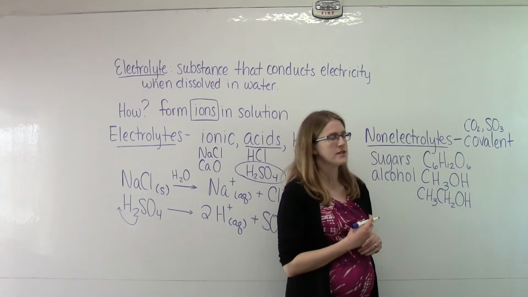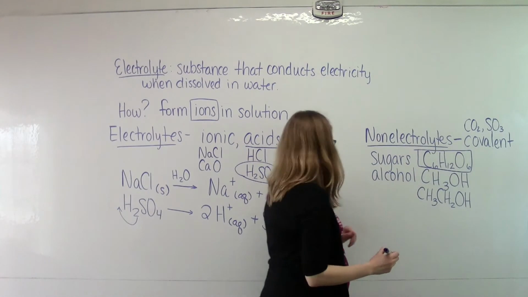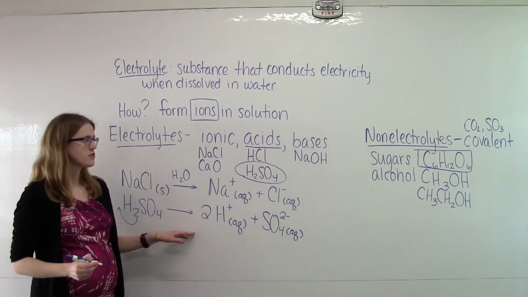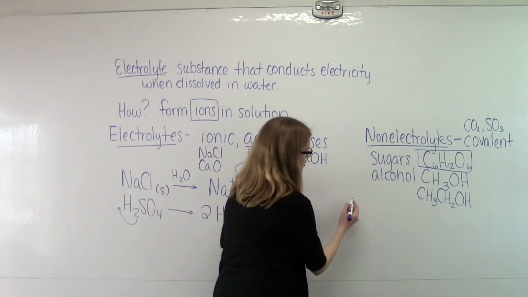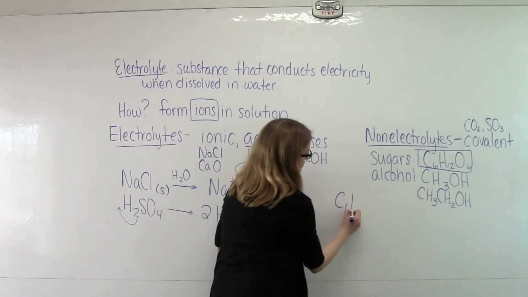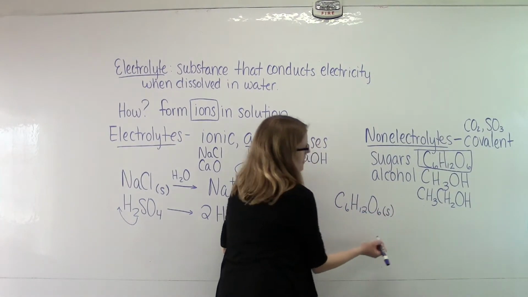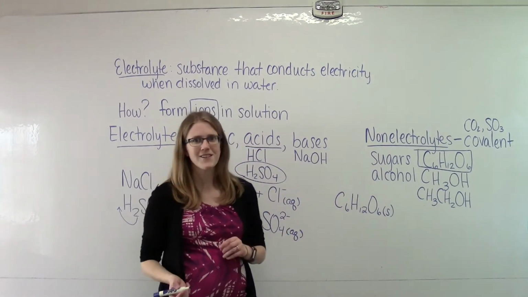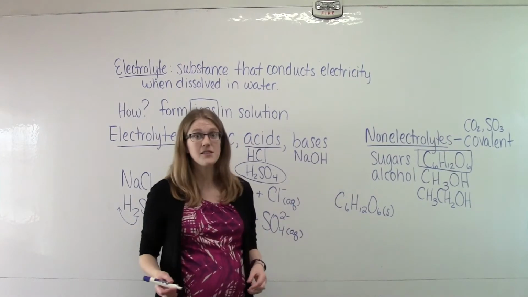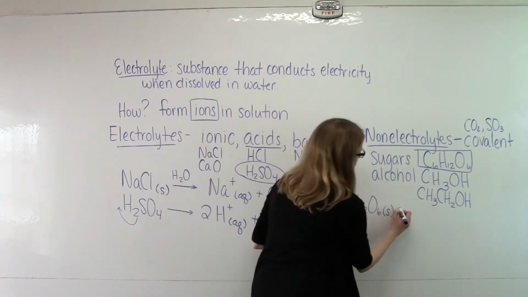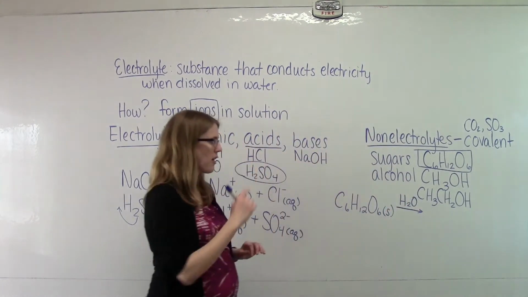They're actually non-electrolytes. But let me show you what sugar does in solution. We saw over here that electrolytes split apart and become ions in solution. Let's see what happens to sugar. Glucose, a specific sugar, is a solid. Does sugar dissolve in water? Yes, because we have things like Kool-Aid and sweet tea and soda. Non-electrolytes, a lot of them do dissolve in water. But do they split apart into their ions?